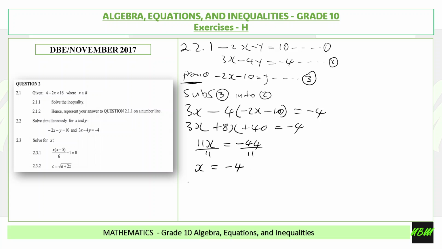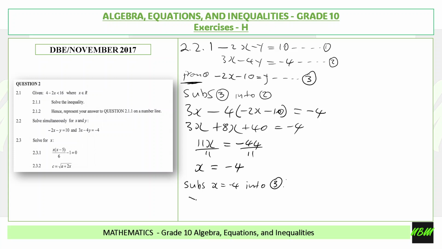And then from there, now we need to find the value of y. Now we say substitute x is equals to -4 into which equation? Any of the equations, but take the simpler one. The simpler equation will be equation number 3, where y is already the subject of the formula.